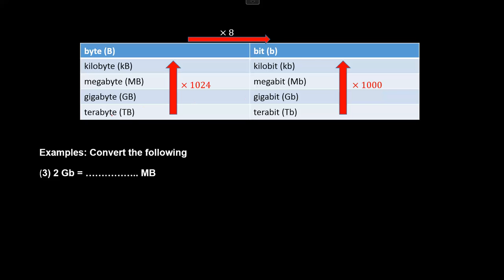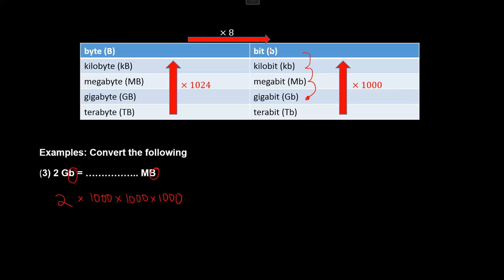Okay, the next example is a little bit trickier because we're starting with something that's in bits and we're converting it to something that's in bytes. So we're starting out in gigabits. So here we are on the right hand side of the table. So first of all, we need to get it into bytes. We've always got to get it to the top of the table first. To do that, we've got to multiply it by 1,000 once, twice, 3 times. So we'll multiply it by 1,000 3 times, so that we have our answer in bits. Then once we're in bits, we need to convert it to bytes.